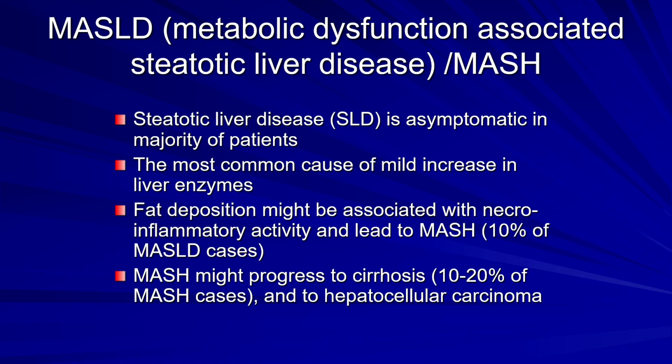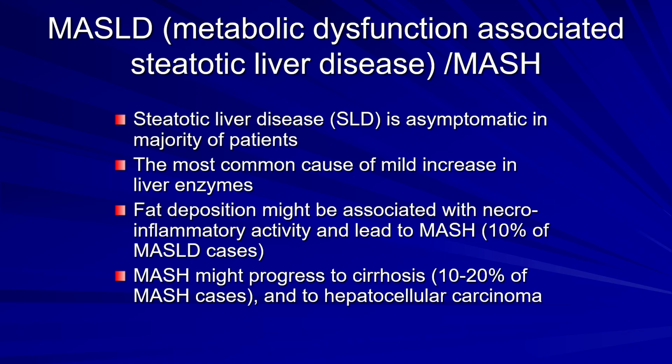In some patients, about 10% of patients with metabolic syndrome associated steatotic liver disease, the fat accumulation is associated with necroinflammatory activity. That is, there will be associated inflammation in the liver, which might progress to liver fibrosis and ultimately to liver cirrhosis and hepatocellular carcinoma.